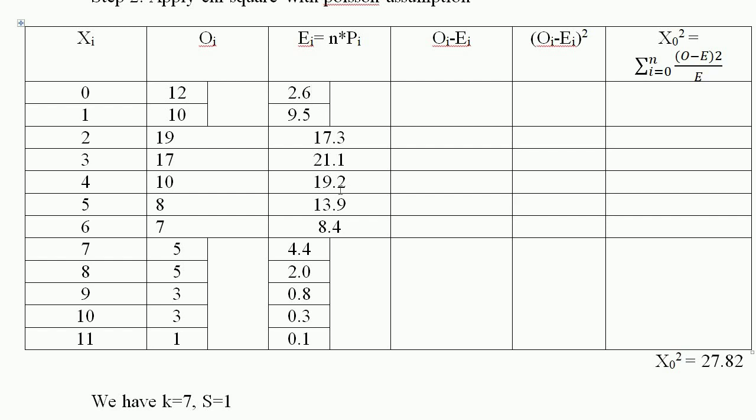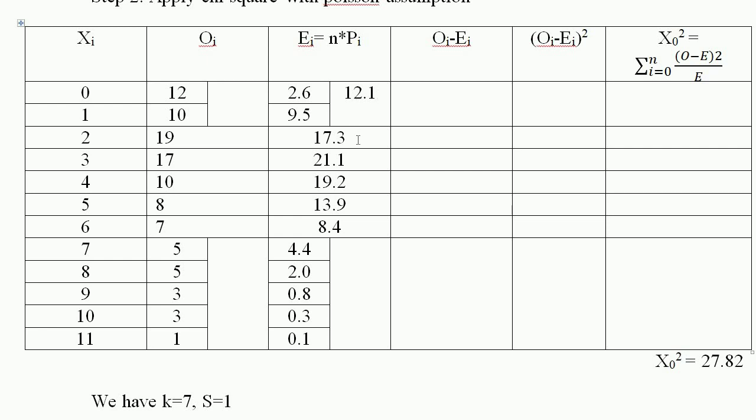Now if I add 2.6 and 9.5, I am going to get a value 12.1. So it is larger than 5. So stop here. No need to add the third value. No need of combining the third interval and making it one interval. So I'm combining only two intervals, and if I add these two values, I'm going to get 12.1, which is greater than 5.